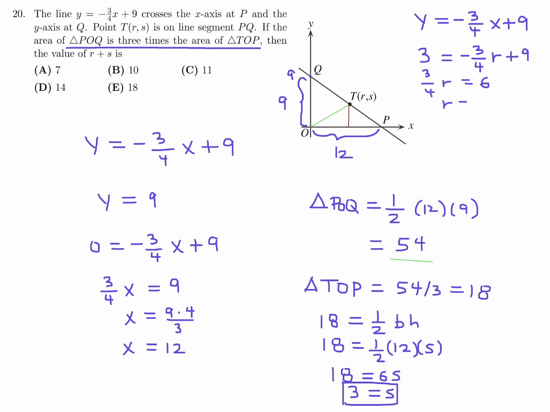So R would be 6 times 4 divided by 3. And that looks like 2 times 4, which is 8. So finally, what they want is R plus S. So R plus S, 8 plus 3, and that is equal to 11. So number 20, the answer is C.